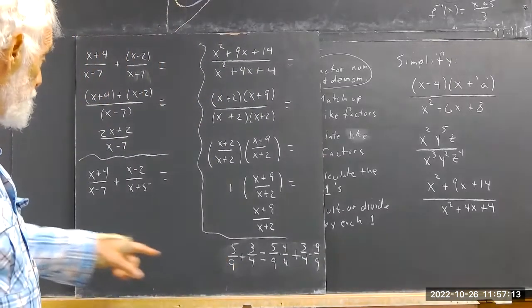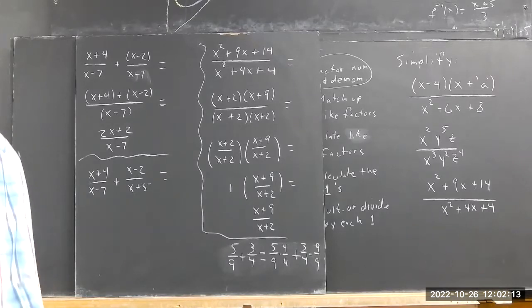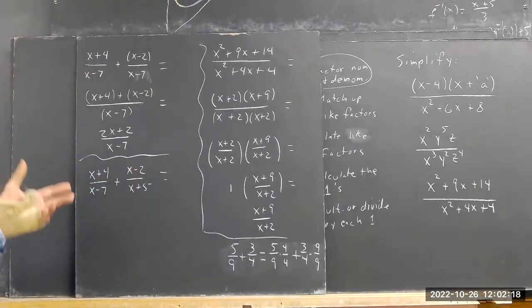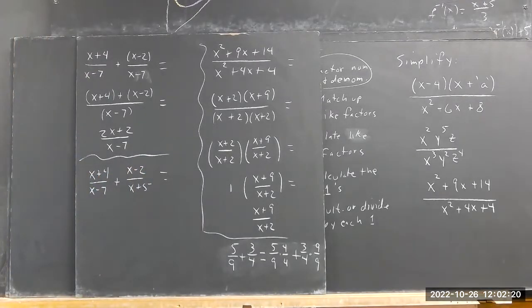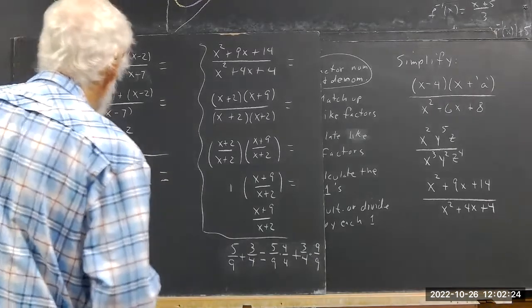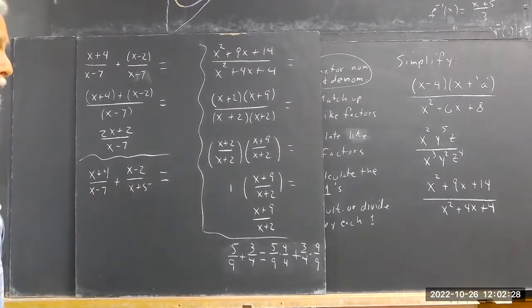Okay, now by analogy, what are we going to do here? Some people did a good job of getting this stuff. Mostly had a little trouble with it. So we want to have the same denominator.